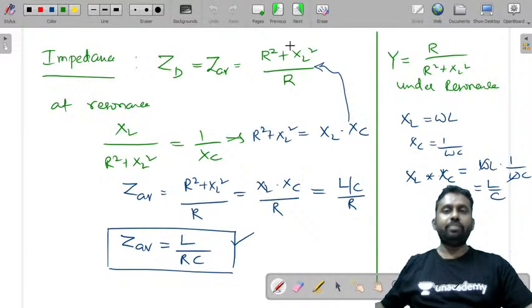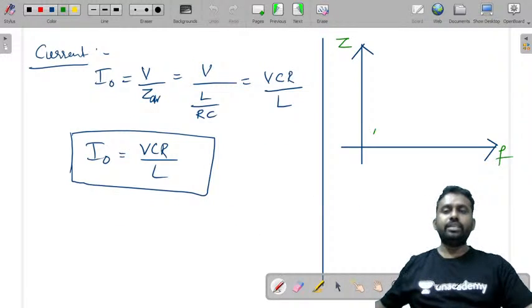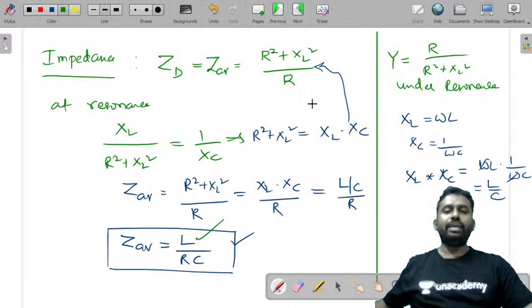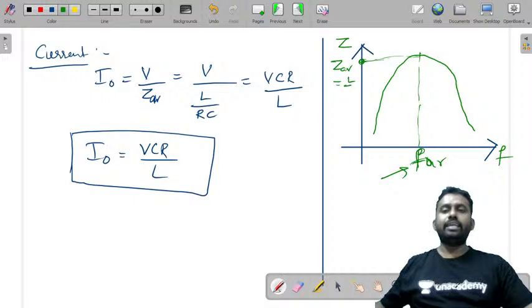At a certain point it will be maximum and then starts decreasing. The frequency at which the impedance is maximum is called the resonant frequency, FAR, and the impedance value there is called ZAR, that is L by RC.